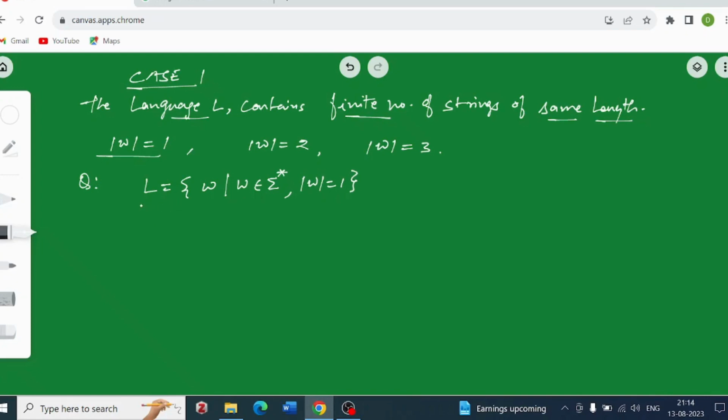It implies that the language will contain all those strings whose length is exactly 1.